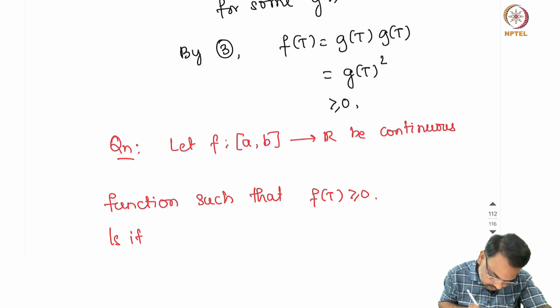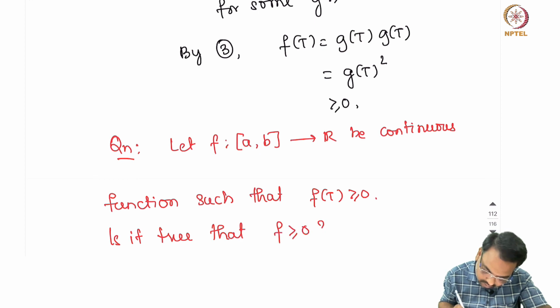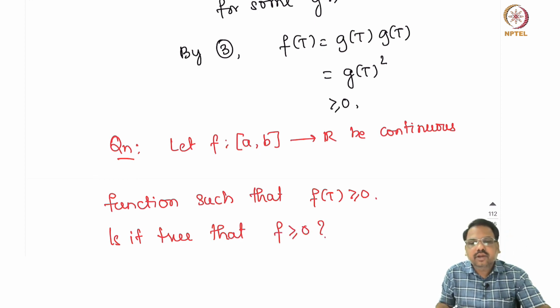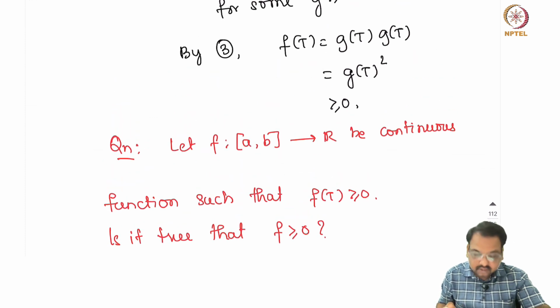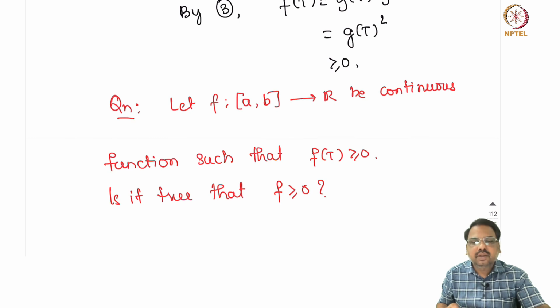Is it true that f is positive? In the case of polynomials, we were able to show that when t is self adjoint, p of t is positive if and only if p is positive on the spectrum. Now we can actually ask the same question. In fact, we can show this result to be true provided we prove the spectral mapping theorem for continuous functions.